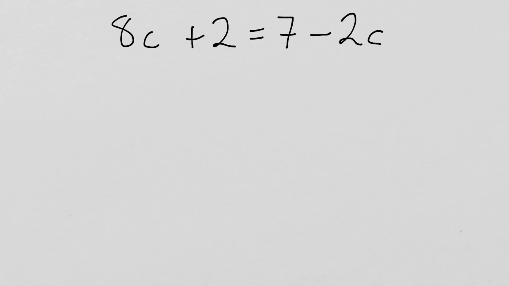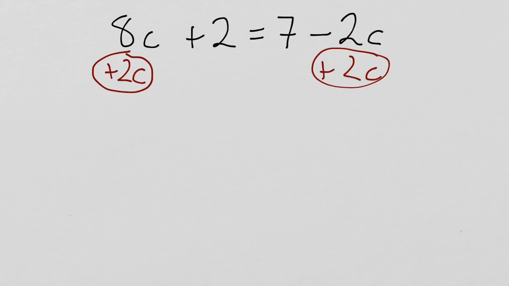And finally, for this one, this time, I've got minus 2c's, so to get rid of that, I'm going to add 2c's, and add 2c's on this side. So I'm left with 10c plus 2 equals 7.